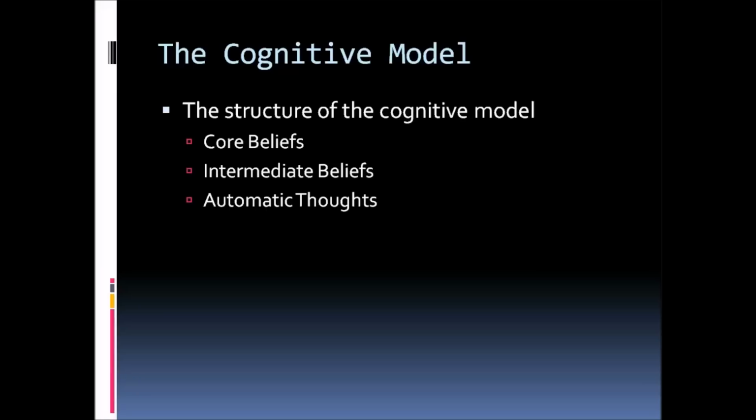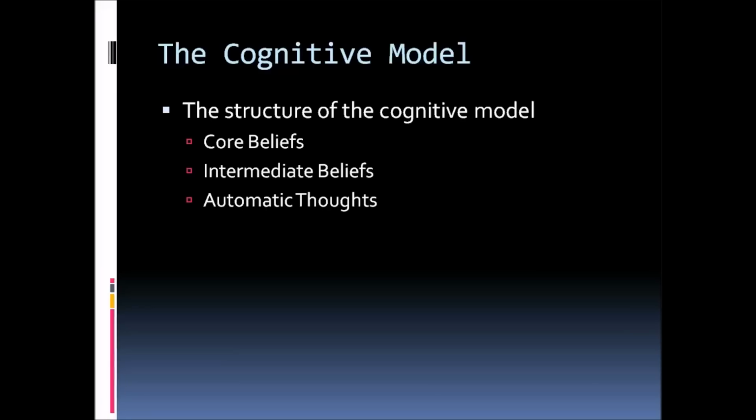In cognitive behavioral therapy, we use the cognitive model to explain why clients have symptoms and eventually to explain how to correct those symptoms. So the cognitive model, as I'm going to describe it here, is largely from Beck, but as I go through this model you'll see a lot of influence from Ellis as well.